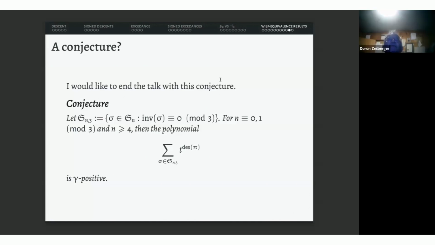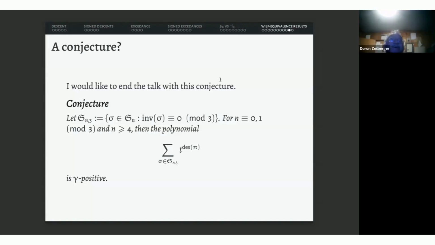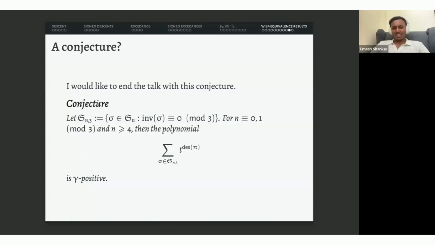Did you try to test it on a computer? Yes, sir. As far as I could, I have tested it. Beautiful conjecture. And 3 is just something that I tested for a while.